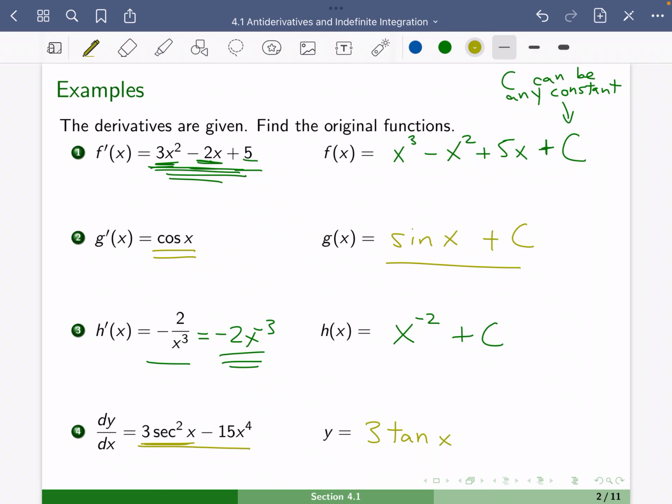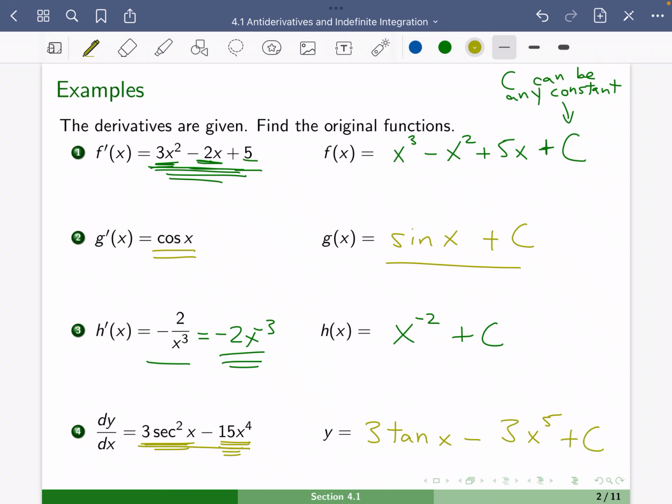So 3 tangent x has a derivative that is 3 secant squared x. And this other piece, the x to the 4th, is going to have come from an x to the 5th. If you were to take the derivative of x to the 5th, you would bring that 5 down and subtract 1 from the power. So you'd get 5x to the 4th. But we want to get 15x to the 4th. So we still need to have a 3 right there.